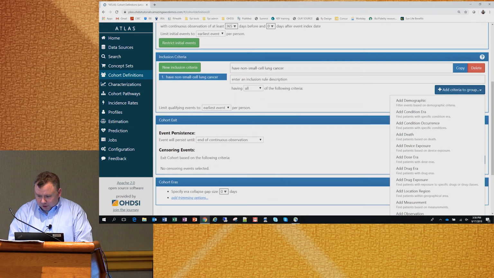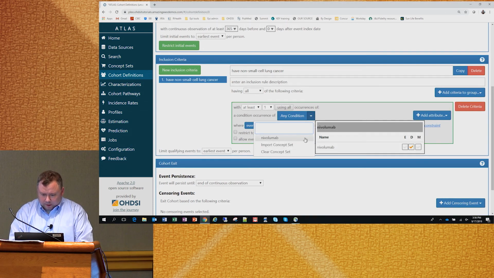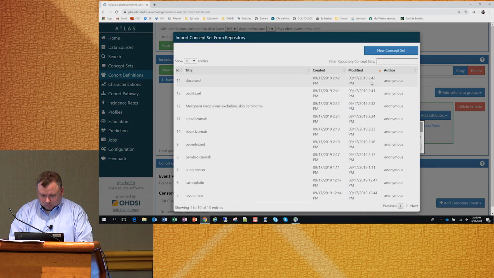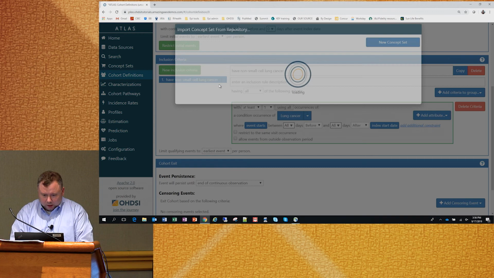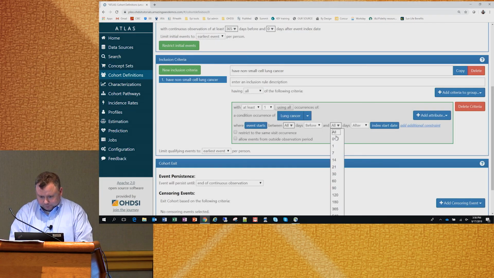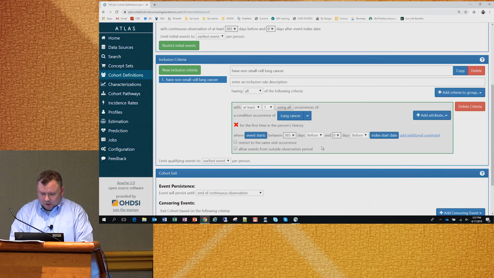So lung cancer is a condition. So I'm going to look for at least one occurrence of lung cancer in the 365 days before. And we want it to be the first diagnosis of lung cancer.